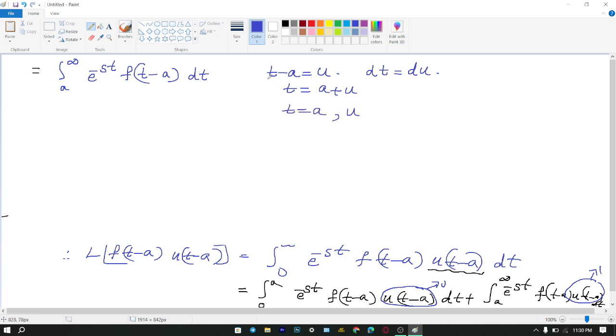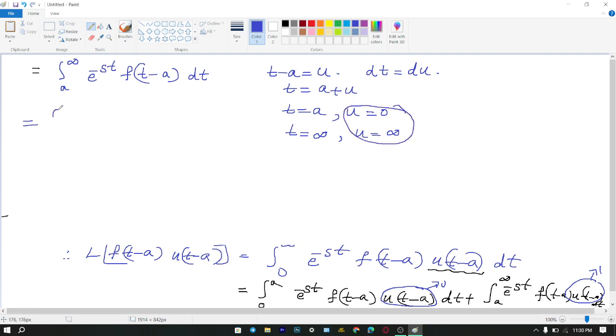Here u equals a minus a, so u becomes 0. And when t equal to infinity, u becomes infinity minus a, that means infinity. So here u varies from 0 to infinity.